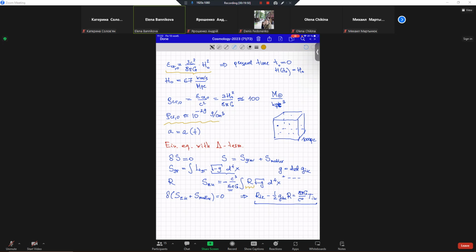But we can also ask the question: okay, we can also put in some constant. In principle, we can choose a Lagrangian up to some constant. And in general, a constant is also a scalar.